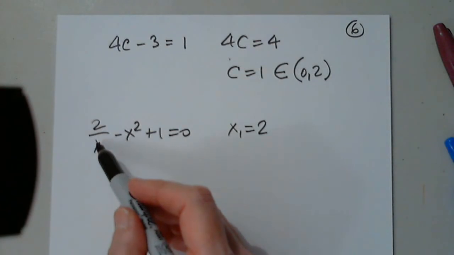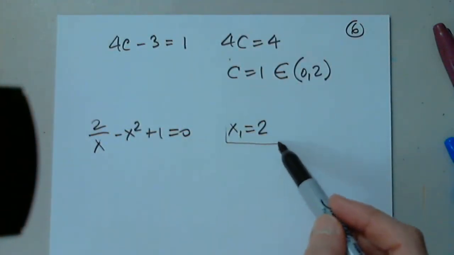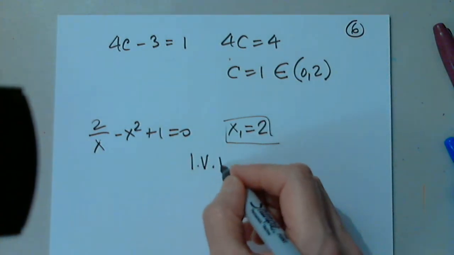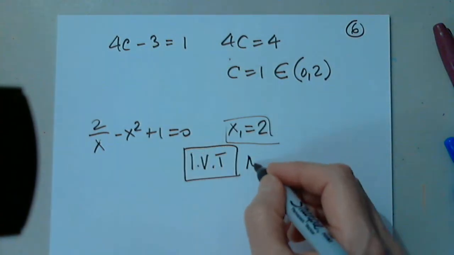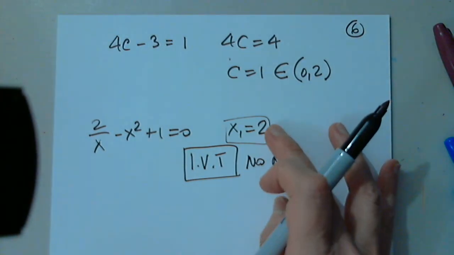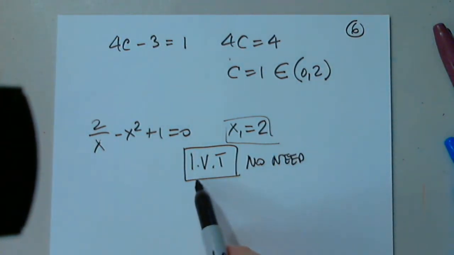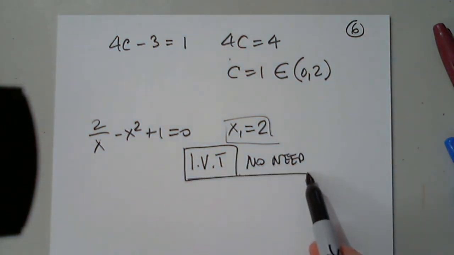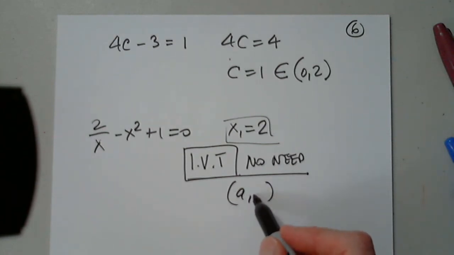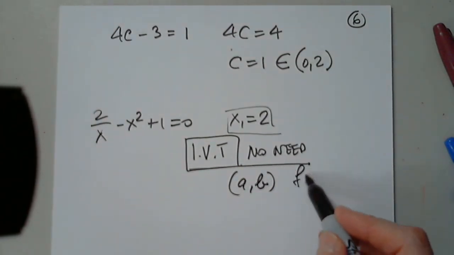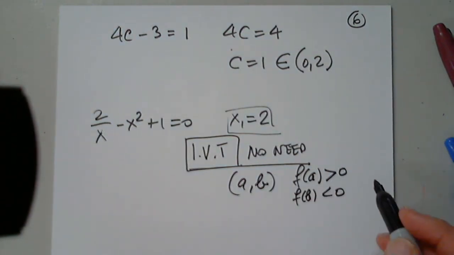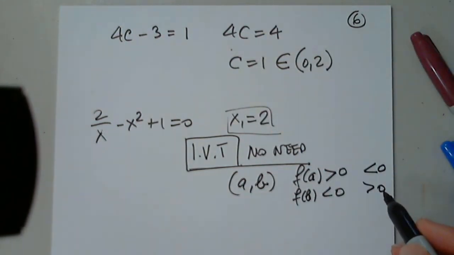Good. So once they're giving us the first iteration, you do not have to use the intermediate value theorem. No need anymore. If we're not given the first iteration, if we're not given the interval, then you have to say that the function is continuous on whatever, and you have to say that f of a is either positive and negative or negative and positive.